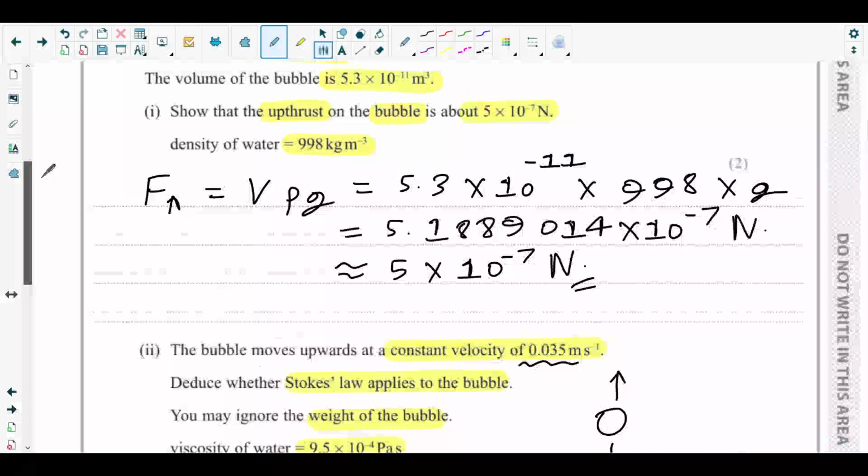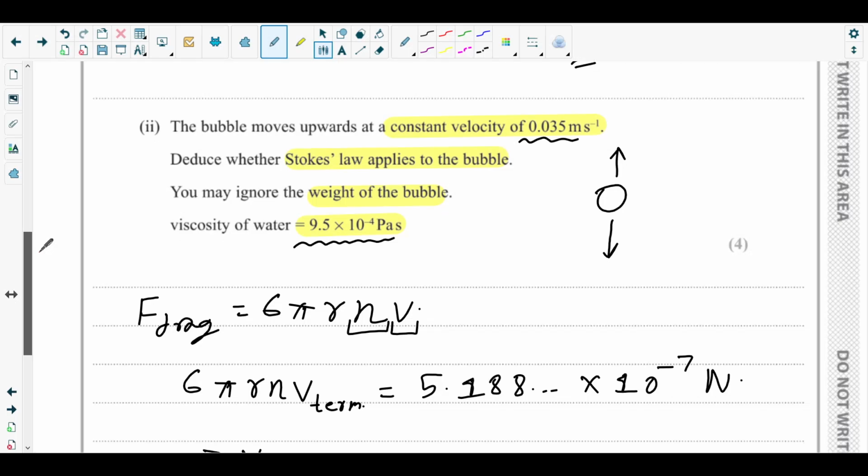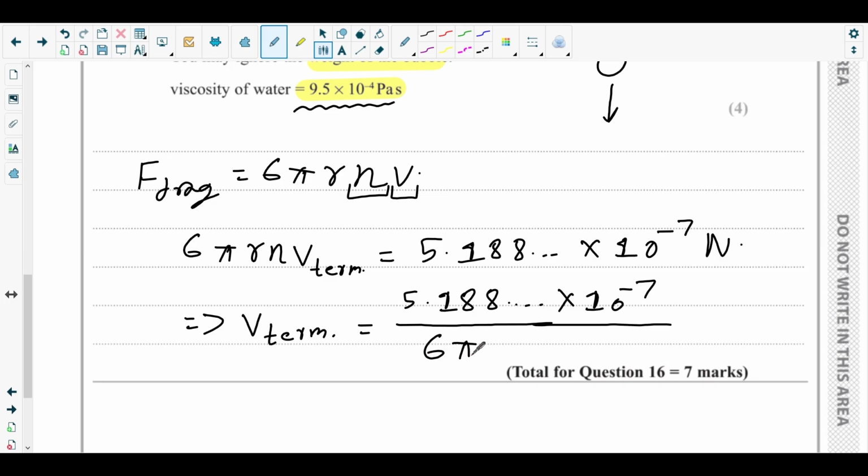Do we know the radius? The volume of the bubble is given, and the bubble is definitely spherical. So 6 pi times eta, 9.5 times 10 to the minus 4, times the radius, which we need to figure out.